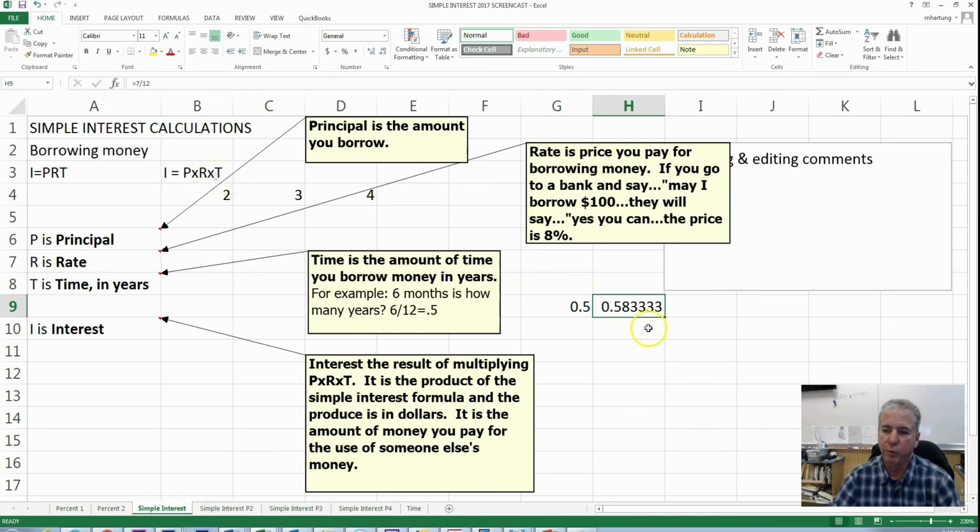So let me give you a couple more to do. Go ahead and calculate how many years there are in 3 months, and 8 months, and 9 months. And then go ahead and put your answer right there. So pause the video, do those calculations, and make sure you can do it. And then have me come on over and take a look at it. Or I'll go ahead and put the answers in here, and you can check your work to make sure you're getting those formulas correct.